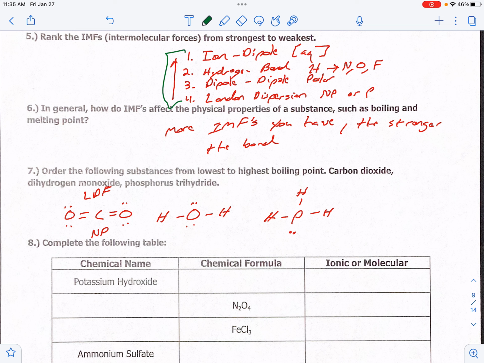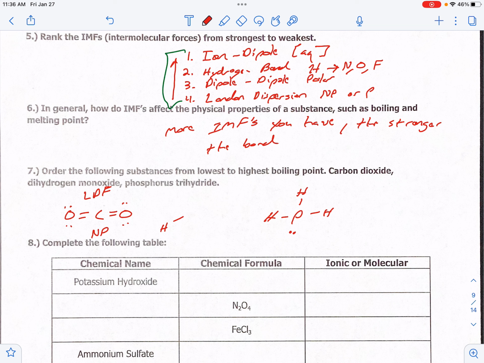My next step is to go up. Okay, is it dipole, dipole? Well, in order to be dipole, dipole, it has to be polar. This is not polar, so that means I have to stop. Okay, let's move on to H2O. Now, even though I drew this where it looks symmetrical, it's actually on your shape sheet.